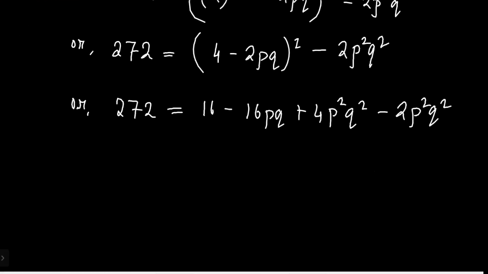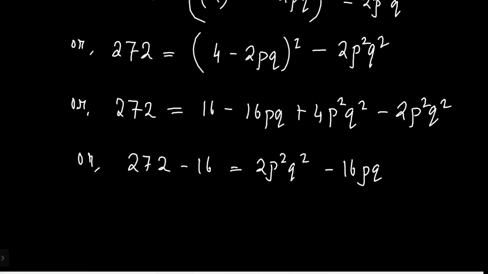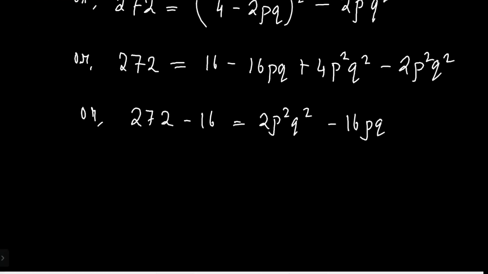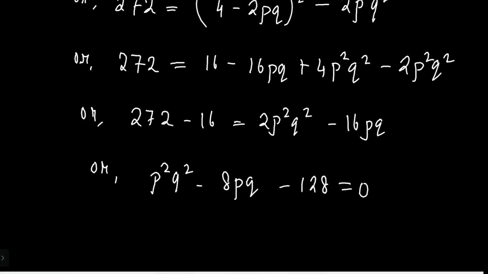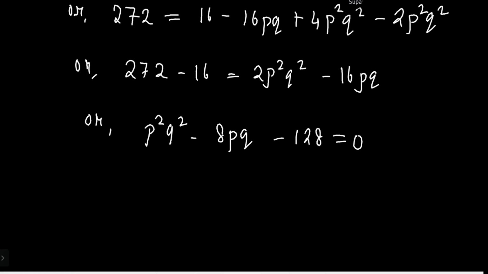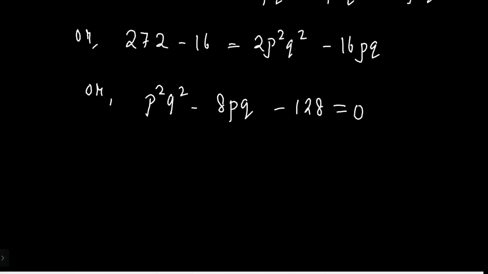From this we can write 272 minus 16 is equal to 2p square q square minus 16pq. Now if you solve this, we get p square q square minus 8pq minus 128 equal to 0.